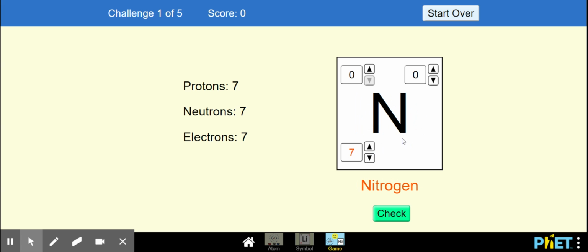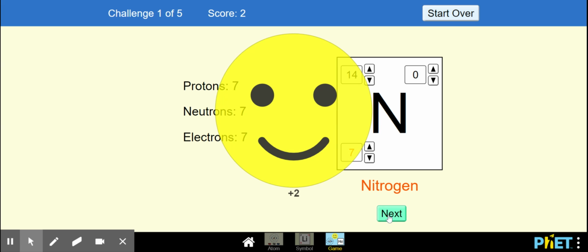And for us, it found that element 7 is nitrogen. Here is the mass number. Mass number, remember, protons and neutrons each have a mass of 1. Electrons have a tiny, tiny mass, so we ignore them. 7 plus 7 is 14. And check.